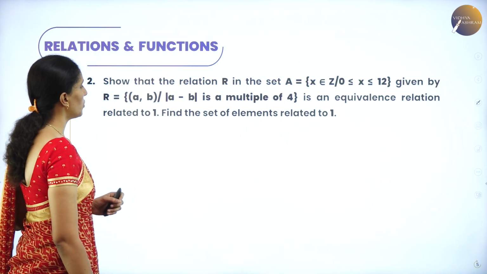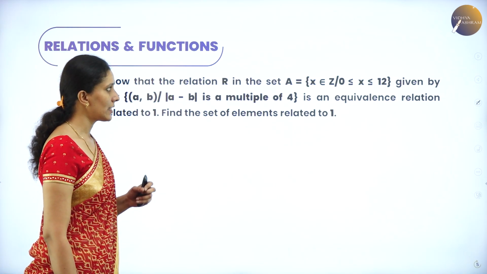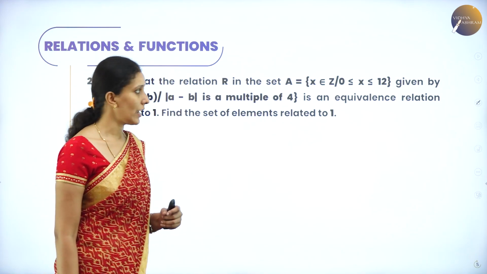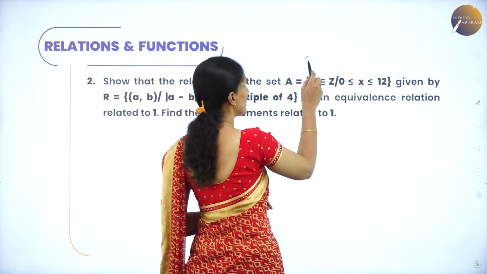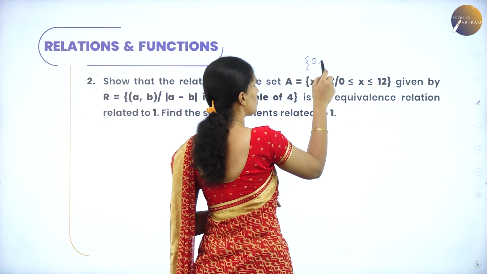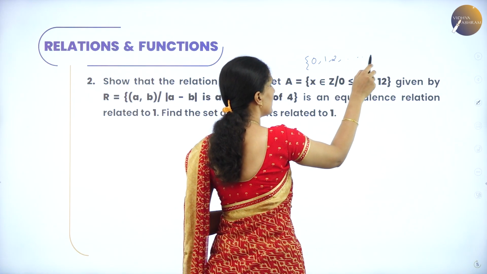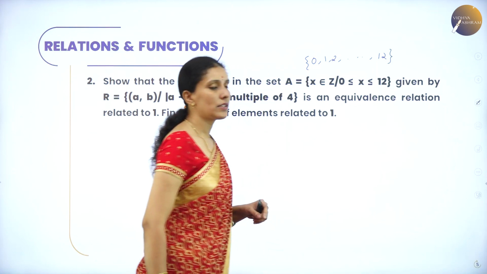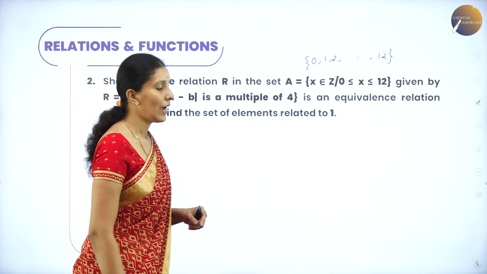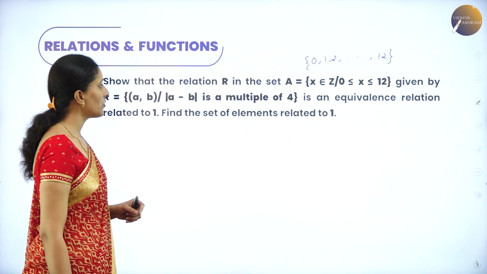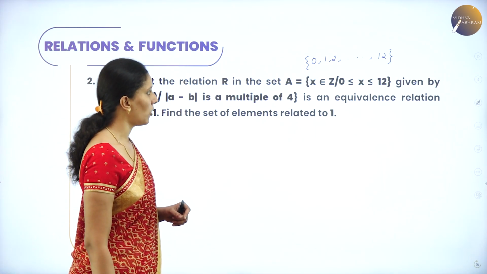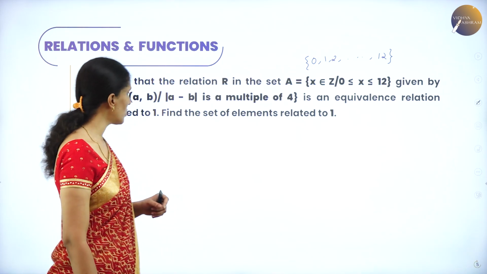Next question: show that the relation R in the set A, X belongs to Z, 0 to 12. So here the set A contains the numbers from 0 to 12: 0, 1, 2, etc. until 12. All positive numbers along with 0 until 12. Given by A comma B, modulus of A minus B is a multiple of 4, is an equivalence relation.